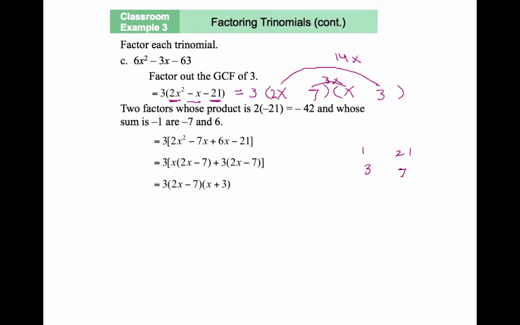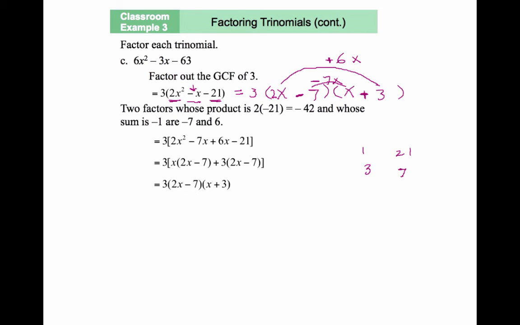Now that works. Here I would get 7x instead of 3, and here 2 times 3 would be 6x. I can have minus 1 if I have 7 to be minus and plus 6 here. So that would make this 7 minus and this plus.